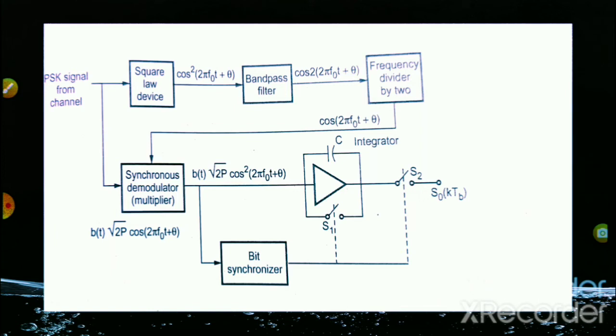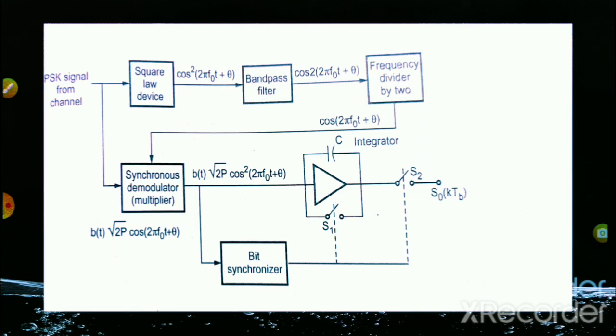Bandpass filter: this signal is then passed through a bandpass filter whose passband is centered around 2f0. The bandpass filter passes only frequencies of 2f0. Frequency divider: the 2f0 frequency from the bandpass filter is divided by 2. This gives the f0 frequency, which becomes the synchronous carrier for detection.